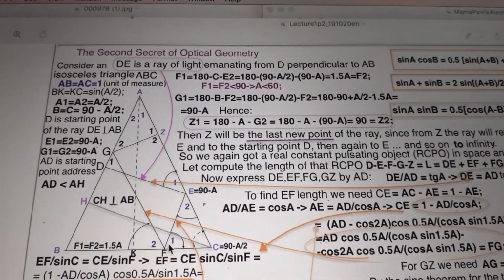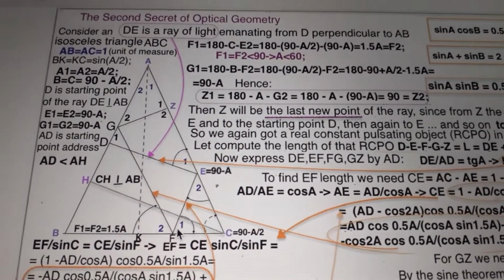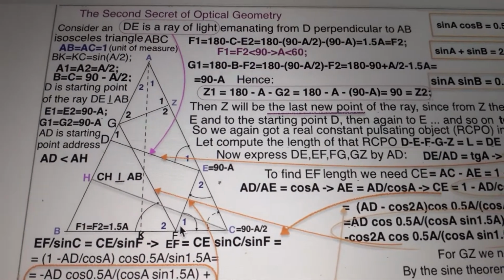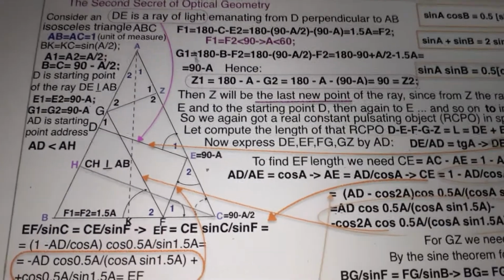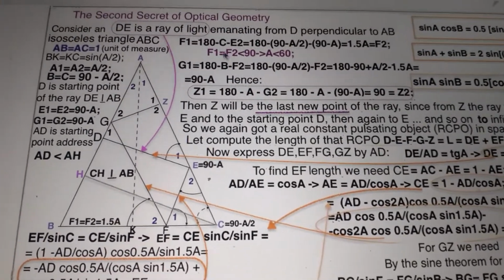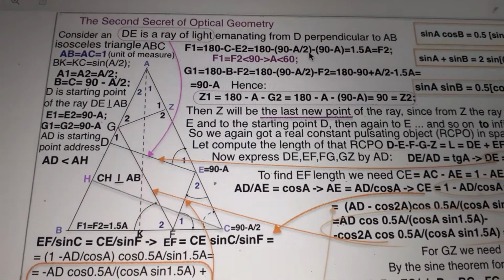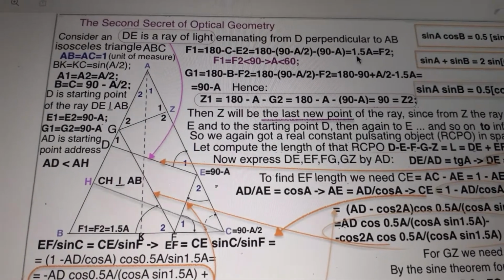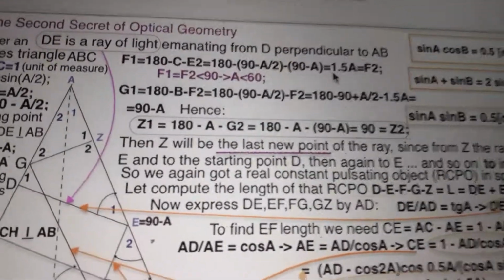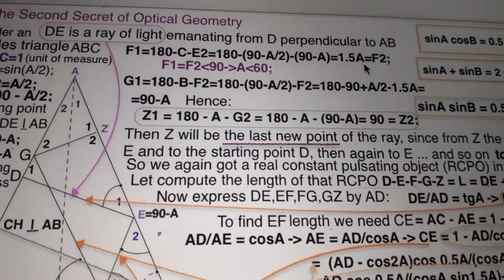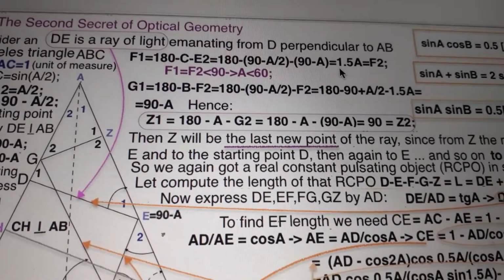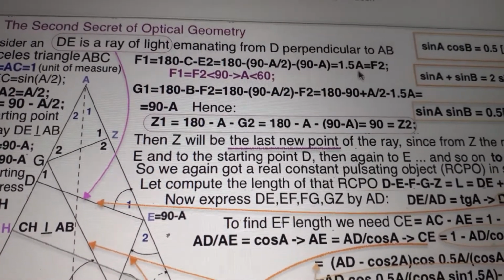Next angle of our ray of light. Angle F we can calculate, and we see that it is equal to angle A multiplied by 1.5.